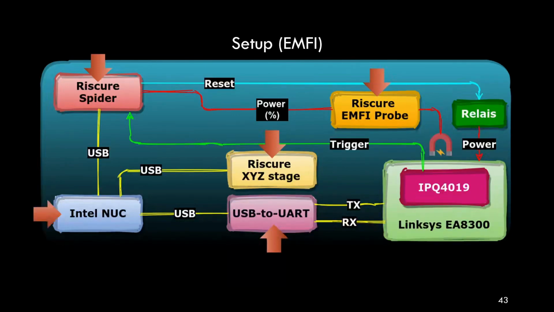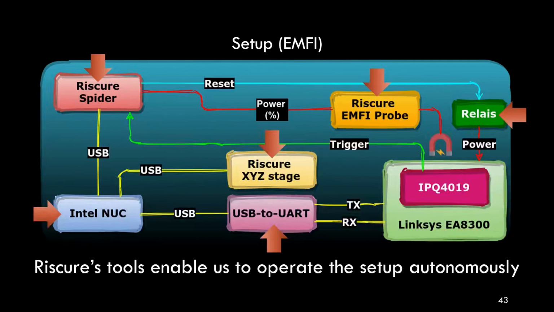All the hardware we control from our workstation, which is in this case an Intel NUC. And interestingly, one of the things we added to the standard setup is that we are able to switch the power supply of the Linksys device using a relay. Basically this allows us to reset the entire device by setting a simple GPIO pin. And this we control from the Riscure Spider.